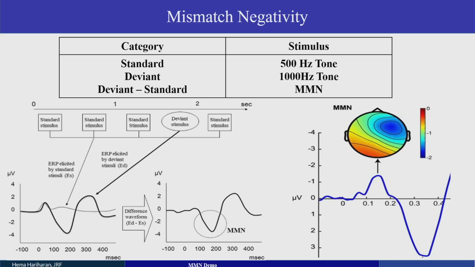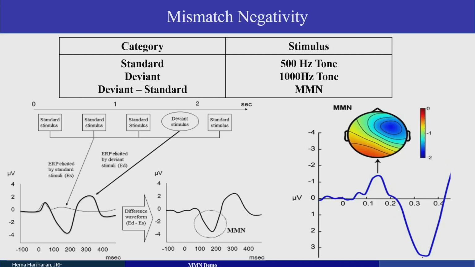The thin black line over here is the standard stimulus waveform, and the thick line is the deviant stimulus waveform. Now, the MMN is not just the deviant stimulus or the standard stimulus. It is the difference between the deviant and the standard.